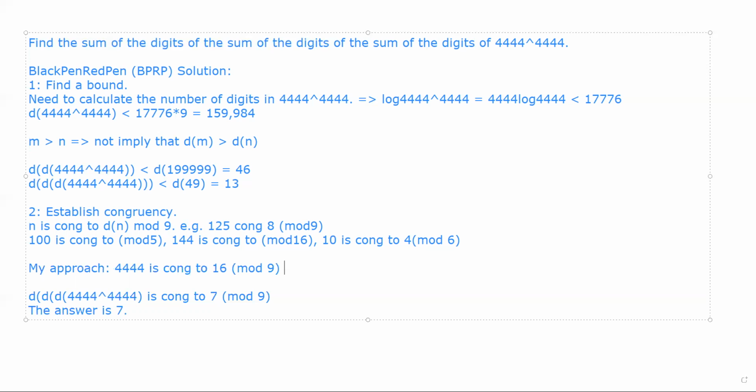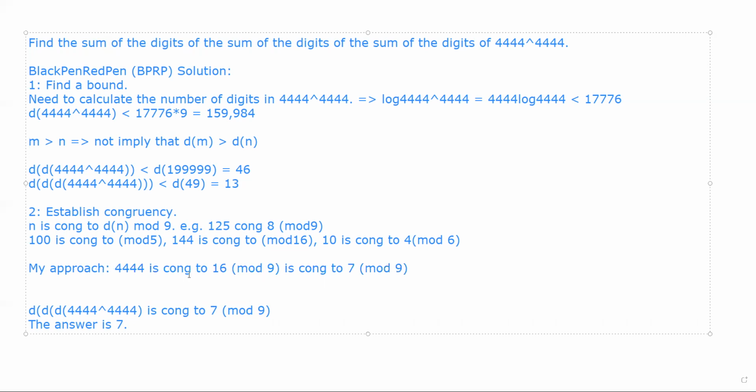And then 16, 1 plus 6 is 7. And then remember that digit sum mod 9 formula. So then that's also congruent to 7 mod 9. Okay, so you don't really have to divide. You could just directly add it up.